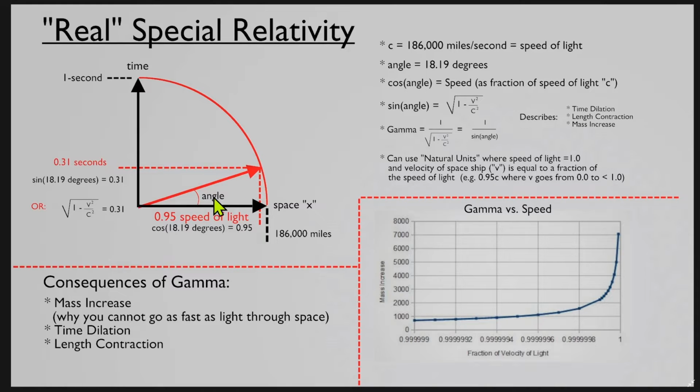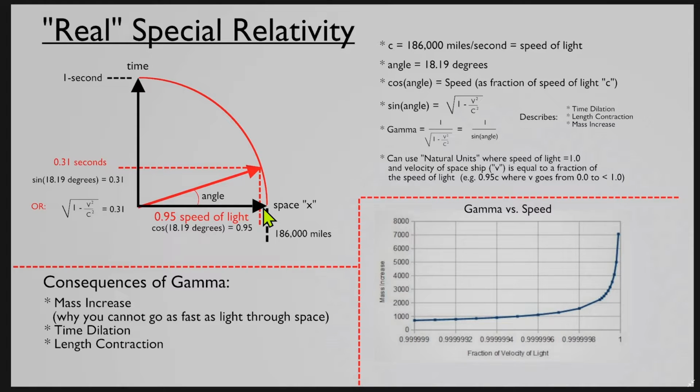Here I'm putting the angle in, and in this case, the angle is 18.19 degrees. To find out how fast we're moving through space, we take the cosine of 18.19 degrees, and that gives us our speed as a fraction of the speed of light. Here we're going 0.95 the speed of light because we calculated the cosine of the angle.